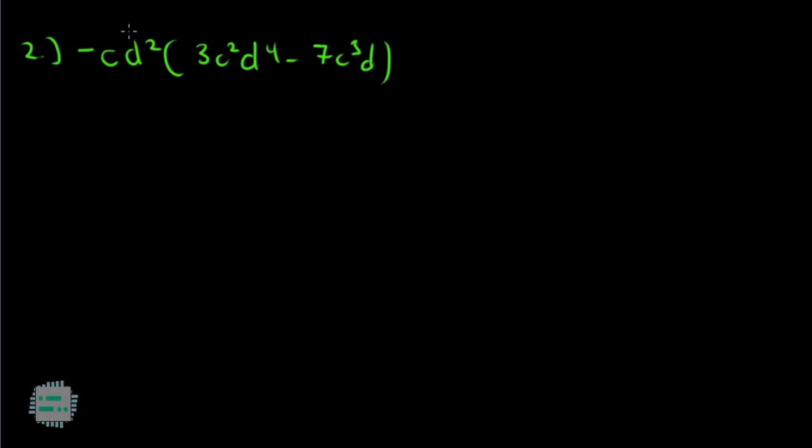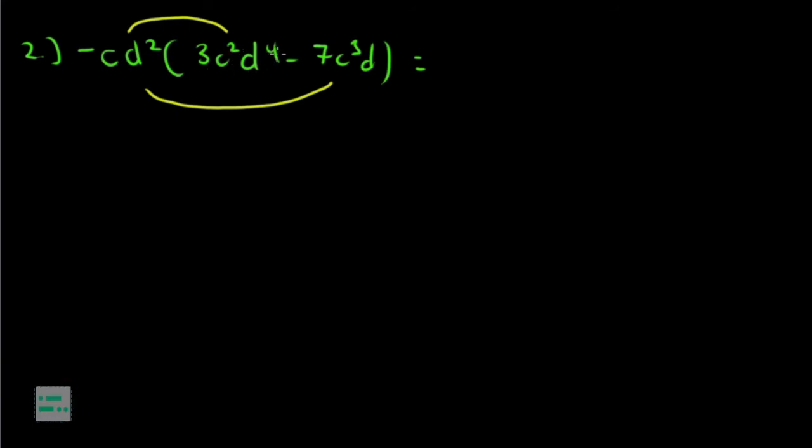I-apply daw yung negative cd squared dito sa 3c squared d to the 4 at multiply din siya dito sa negative 7c cubed d. Again, we can go ahead and do it term by term, isa-isa para hindi tayo mahirapan. So this is negative cd squared multiplied by 3c squared d raised to 4.